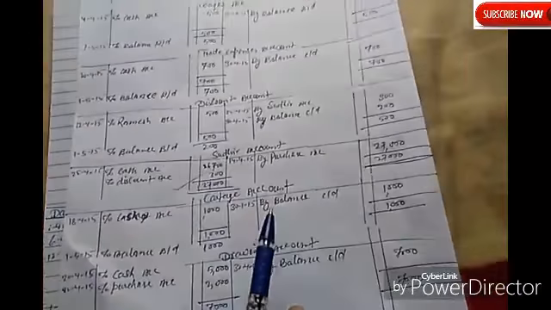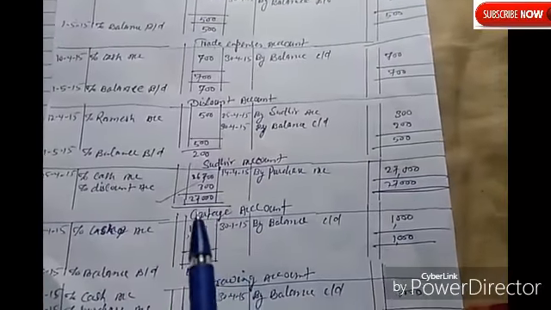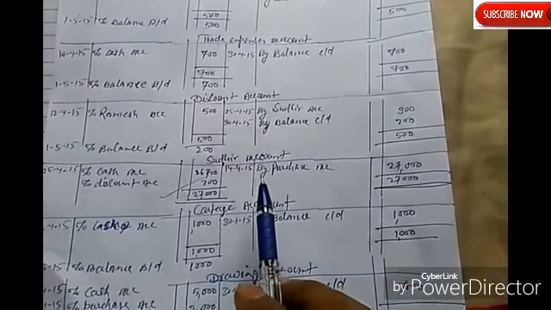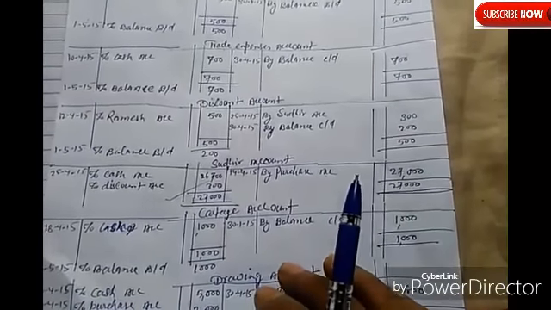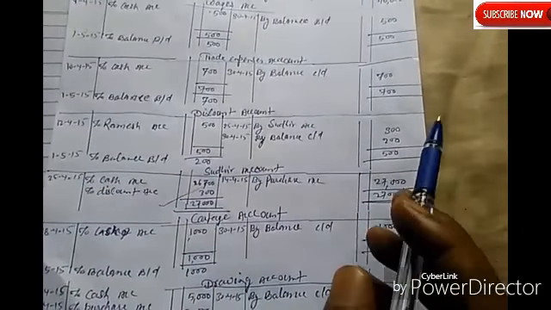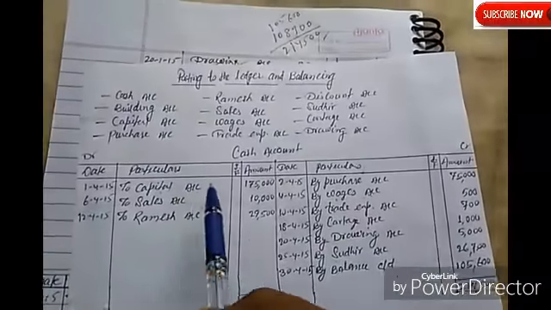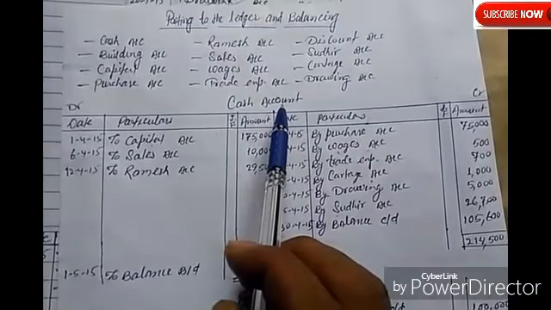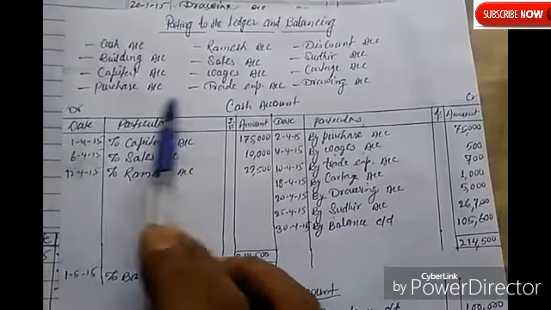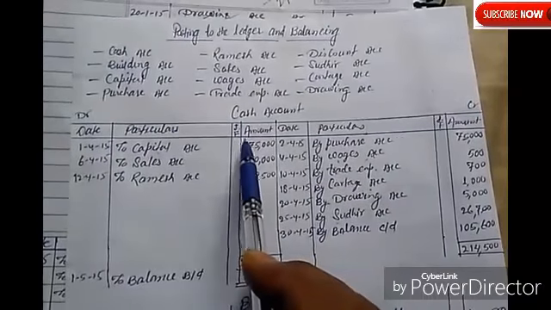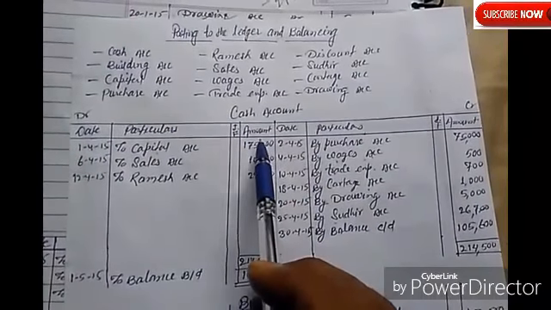I hope that you can understand the ledger, how journal entries will be posted to the ledgers and how they will be balanced. Just consider this side a debit side and this side a credit side. You must remember the format of the ledger account. Whatever the account is, you write the heading here, and debit, and this is the credit side. So: date, particulars, ledger folio, general folio and amounts.